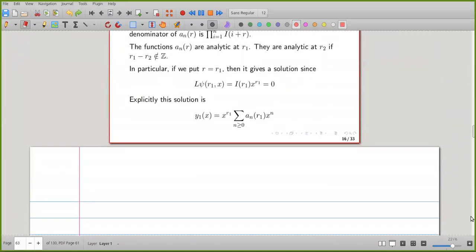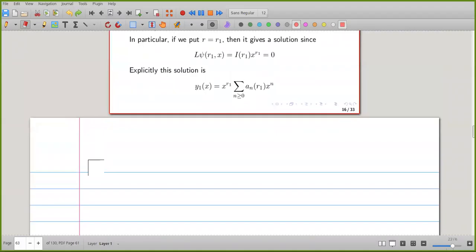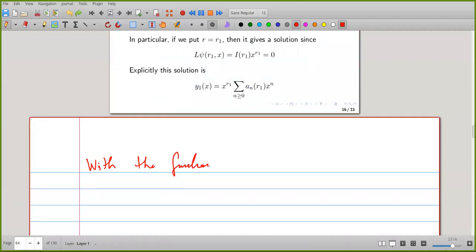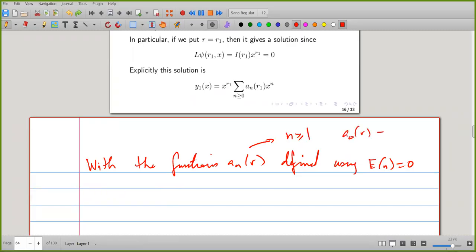With the functions A_n(r) defined using e_n equal to 0, all this is happening for n greater than or equal to 1. A_0(r) we define to be 1, right?